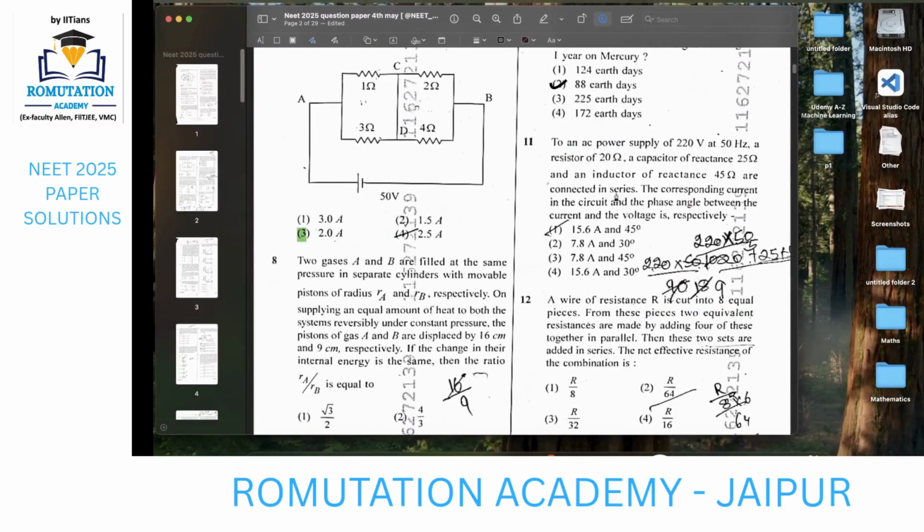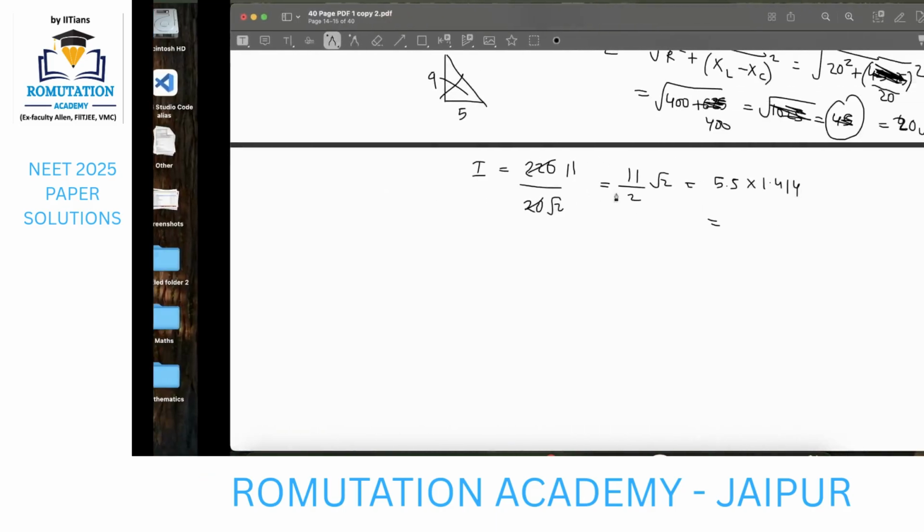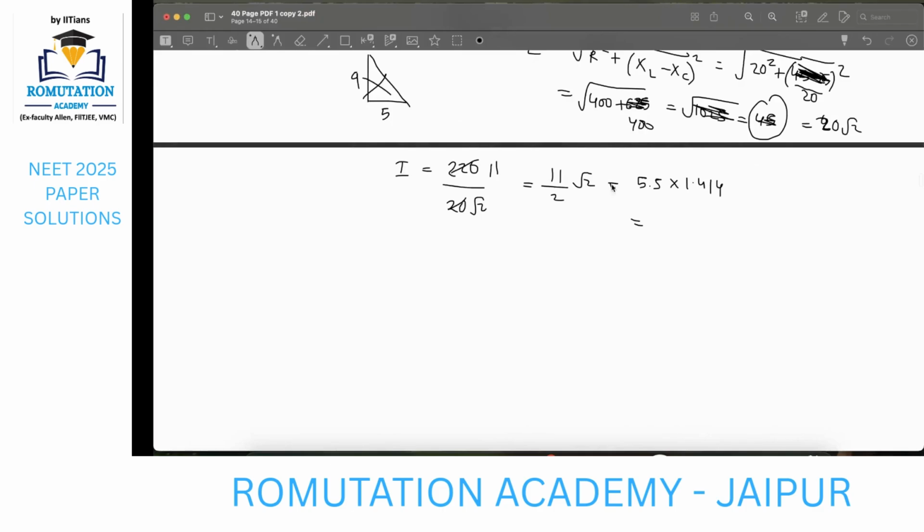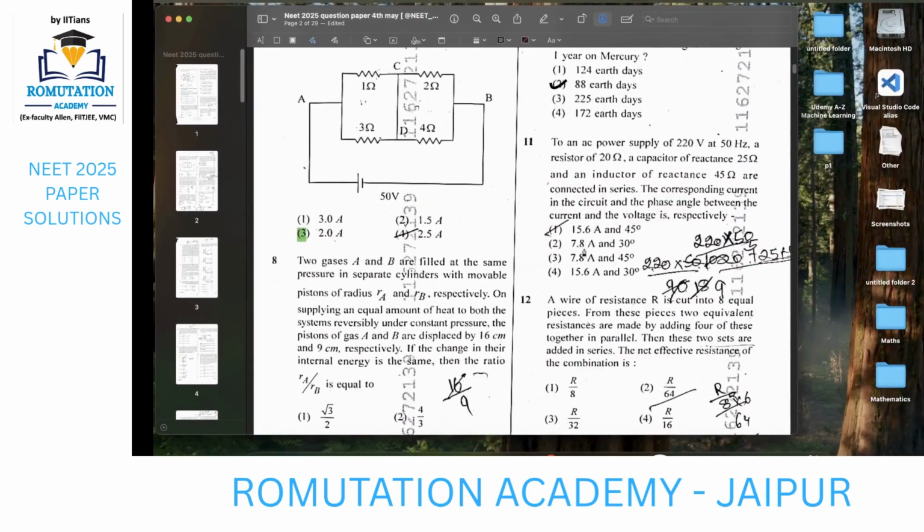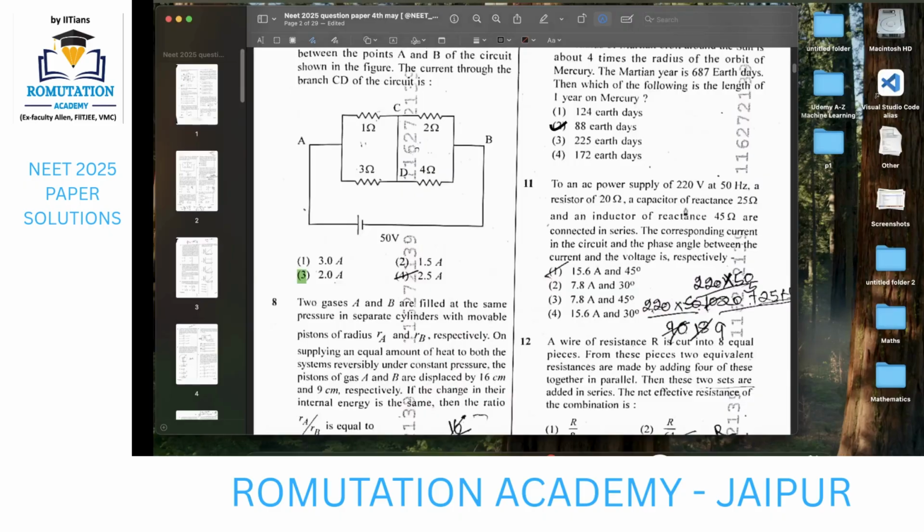I should check with the options, I guess. So I think 15 is not possible, and possibly the answer will be from these two, that is 7.8.